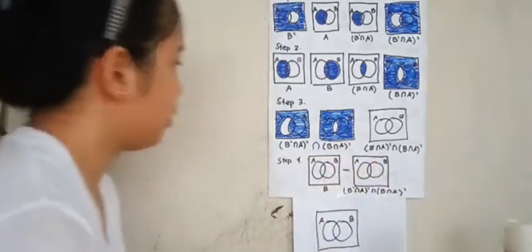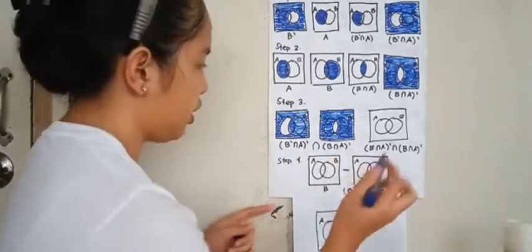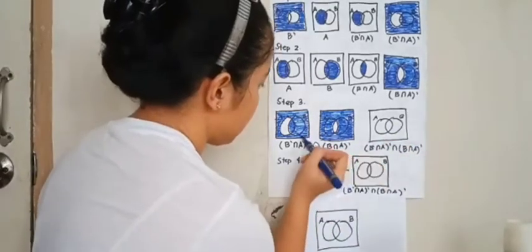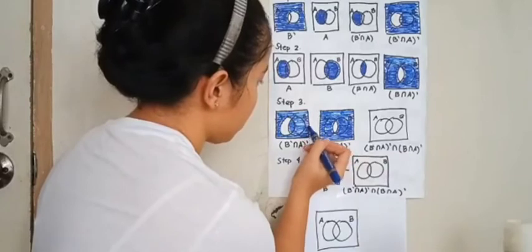So let's see where they intersect. So let's shade this one. They are intersecting at this intersection.